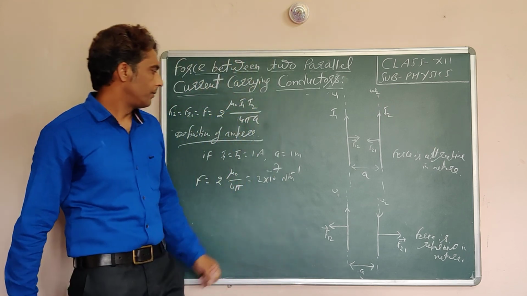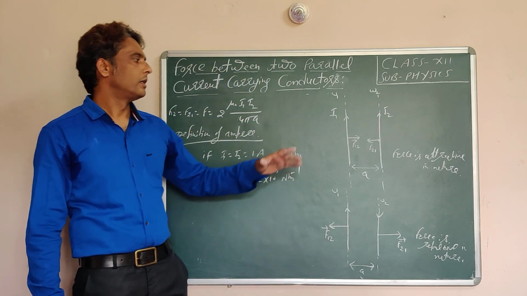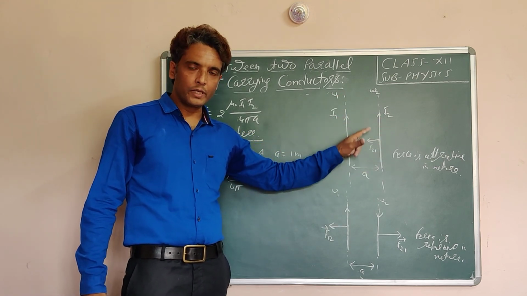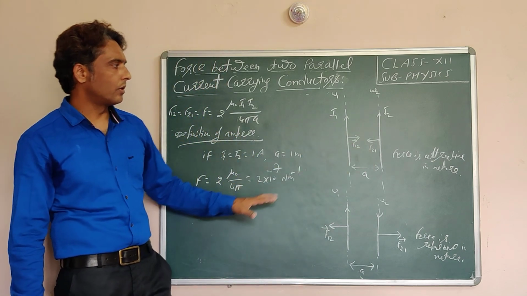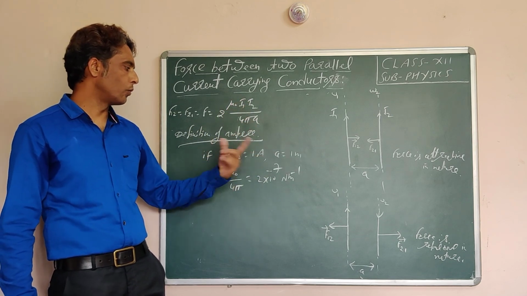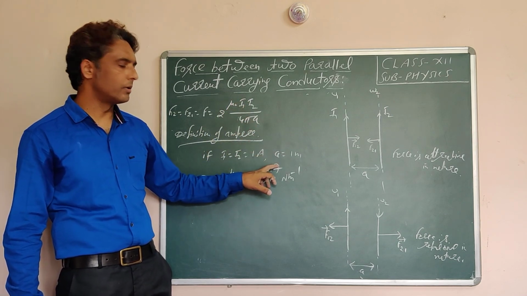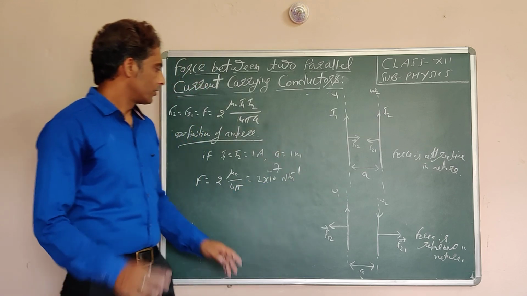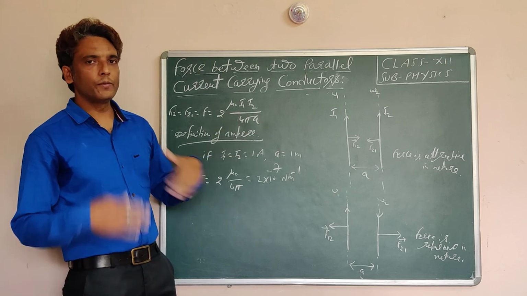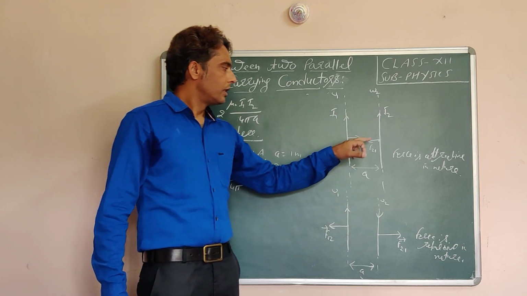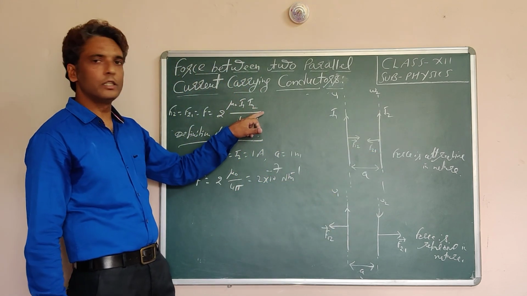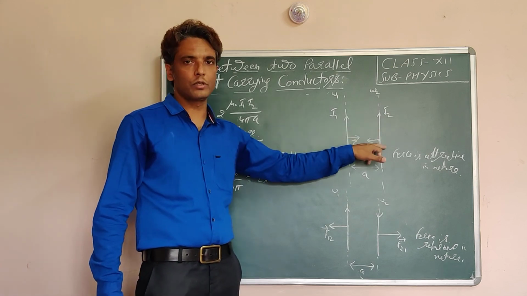And also we defined 1 ampere: when the current flowing through both of the conductors is 1 ampere each, then the force of interaction, that is the force of attraction or repulsion between the conductors, is equal to 2 into 10 raised to the power minus 7 Newton per meter. So in this way we have found the expression for force per unit length. If we have to find the force on a definite portion of the conductor, then we can find it by multiplying this factor by the length of that portion.